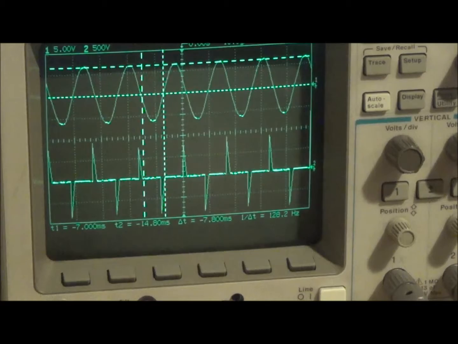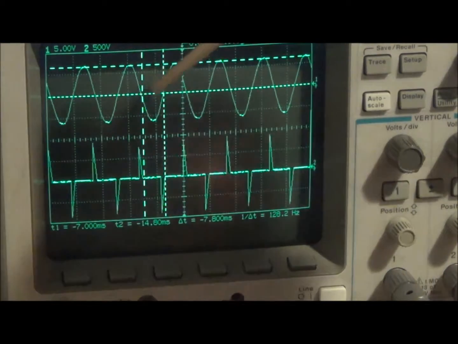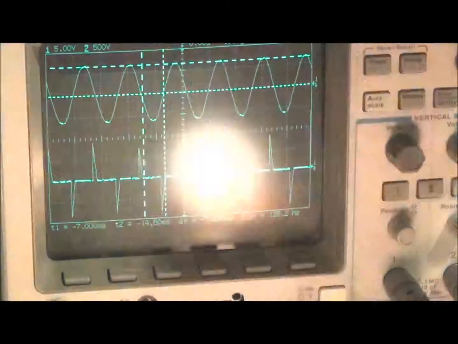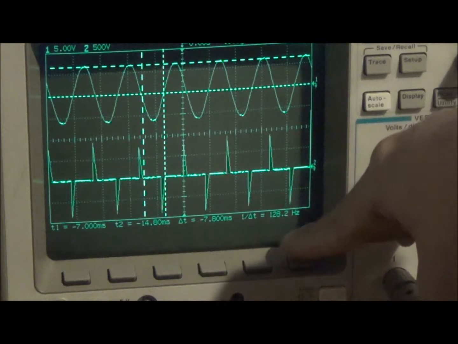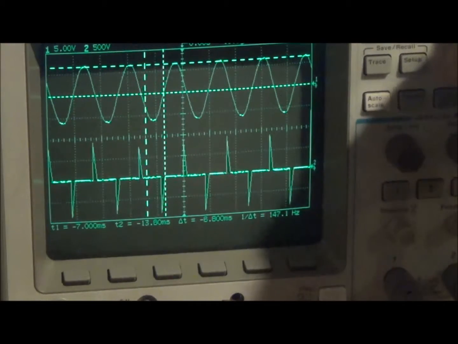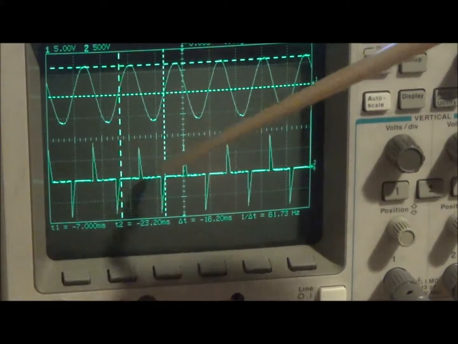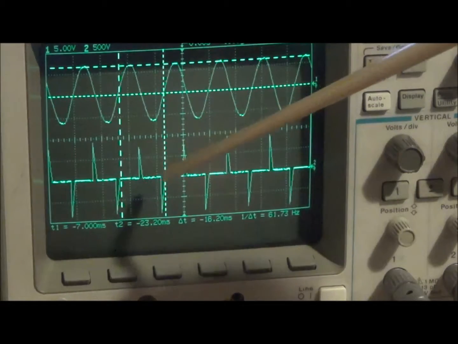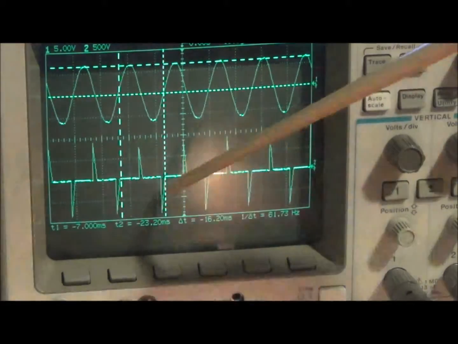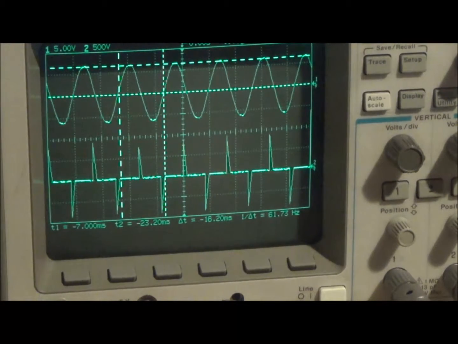I put two cursors here so that you can see after the zero voltage crossing, we're introducing some delay, and you can see there is some delay here, and then it conducts for this tiny amount of time, and then it's turned off again, and it conducts for a little while on the negative cycle.